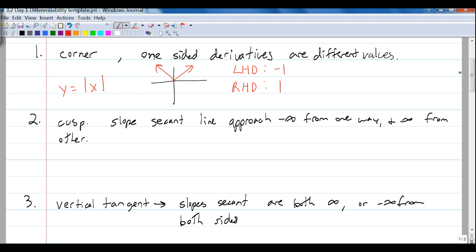Now, a cusp basically means that the slope of the secant line or tangent line, as you approach the point, approaches a vertical line in either direction. However, one of them is going to be negative and one of them is going to be positive. So what that looks like is this kind of equation.